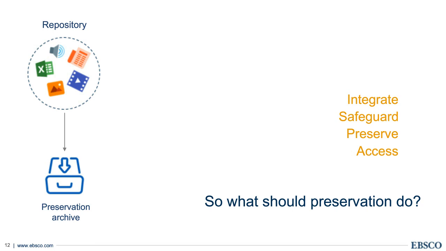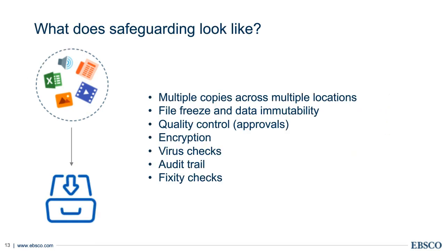So what does safeguarding look like? Well, I just want to give a high-level overview here before I hand it off to Matthew to really dive into how this system actually works. But what is safeguarding? Safeguarding makes sure that we have multiple copies across multiple geographic locations, right?